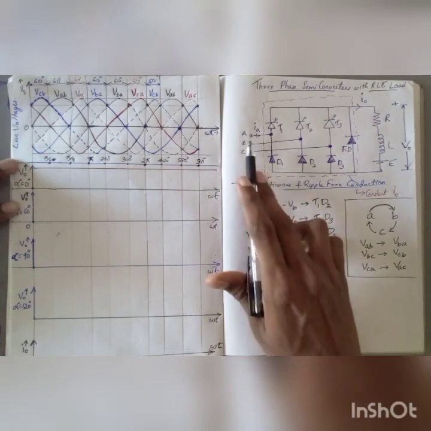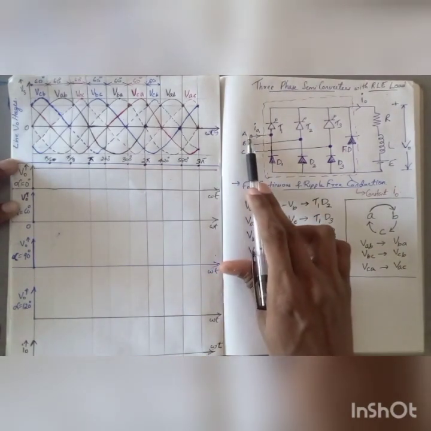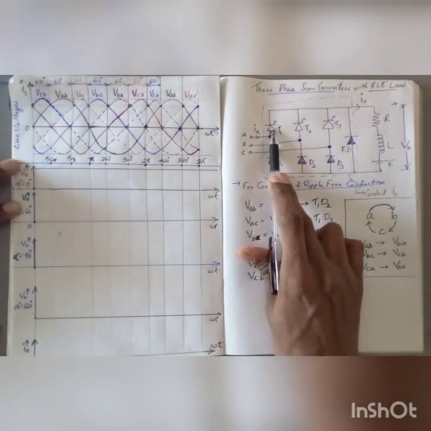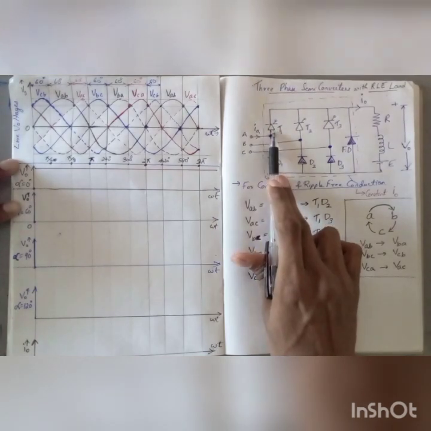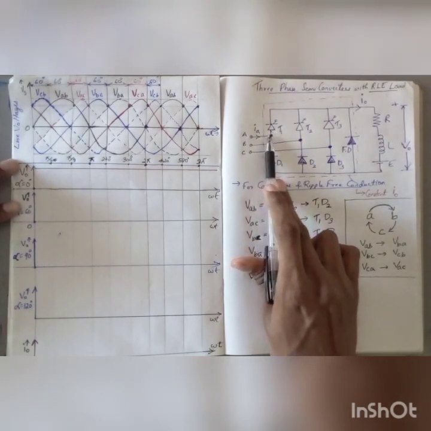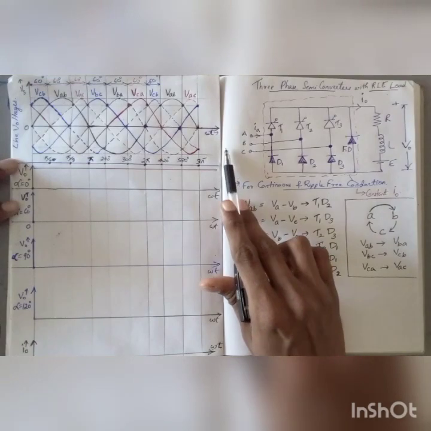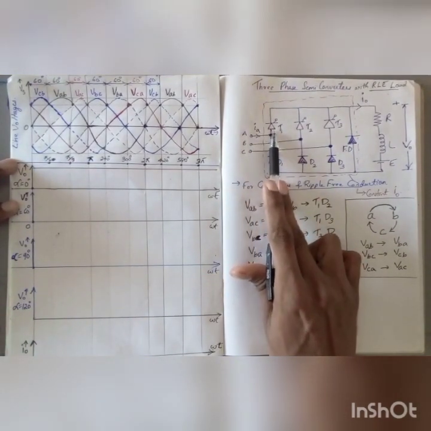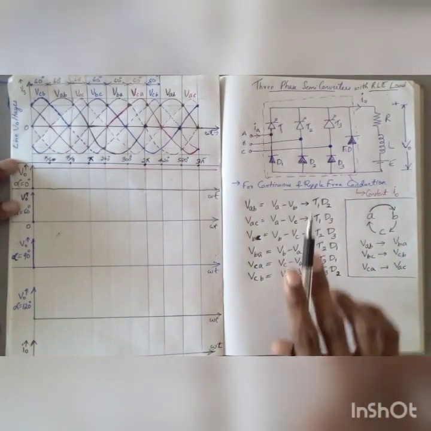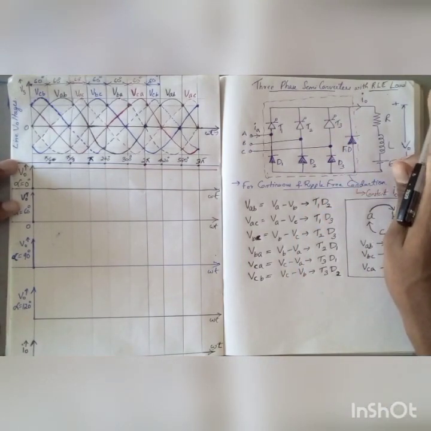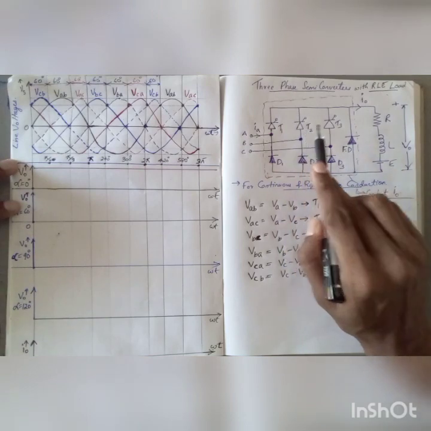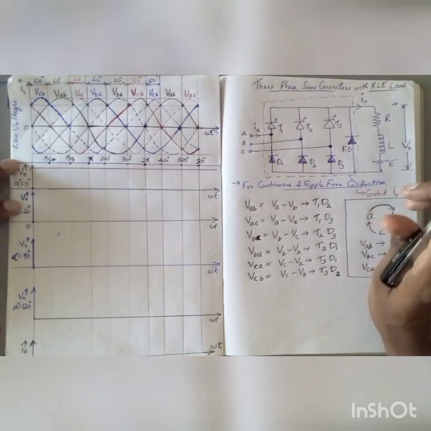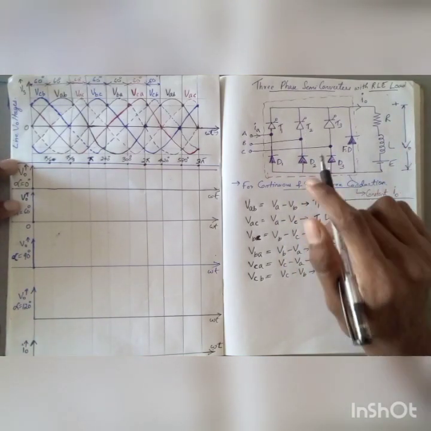When we consider phase A first, the thyristor connected to phase A is T1. If we trigger T1, T1 should conduct for 120 degrees, same as in the case of the three-phase full converter, where each thyristor conducts for 120 degrees.